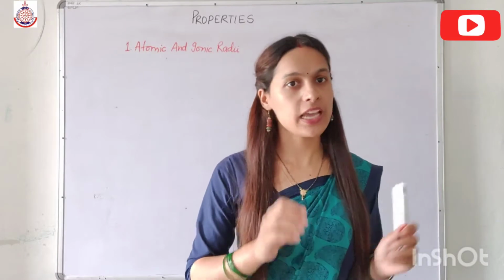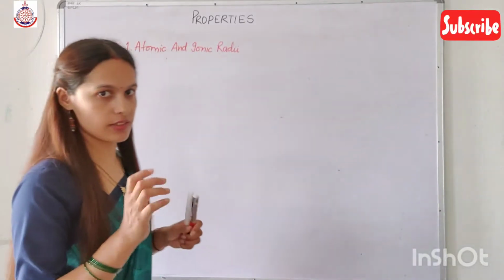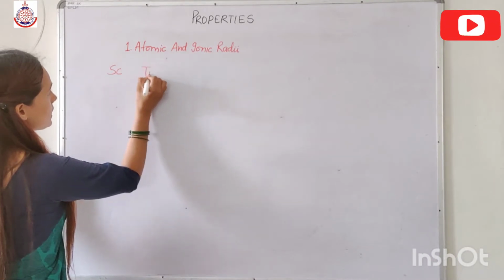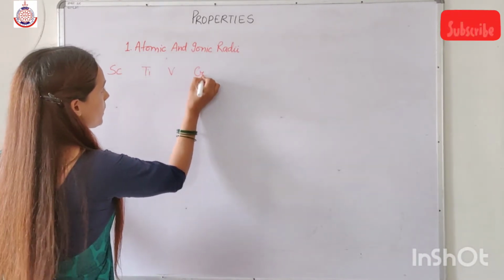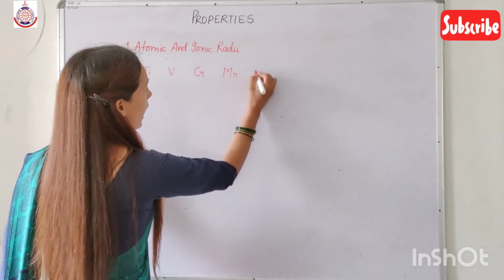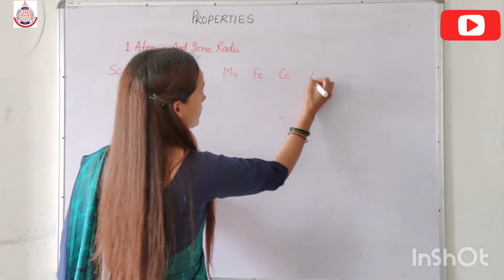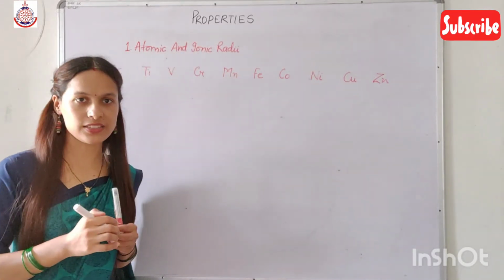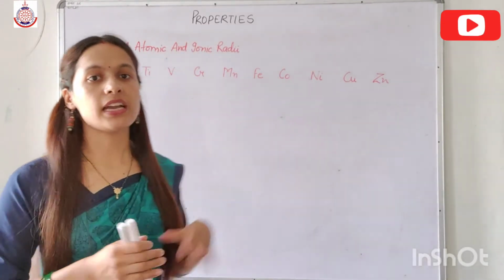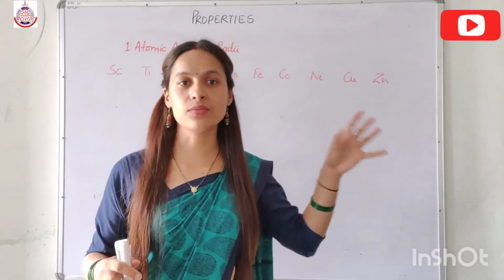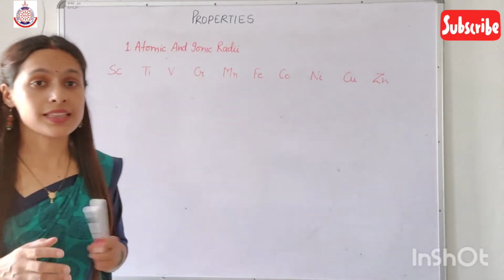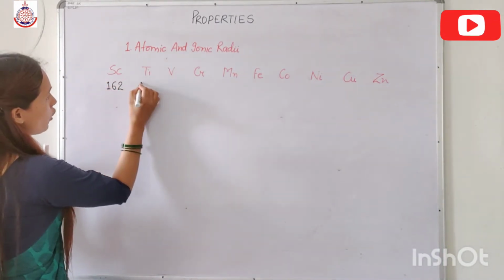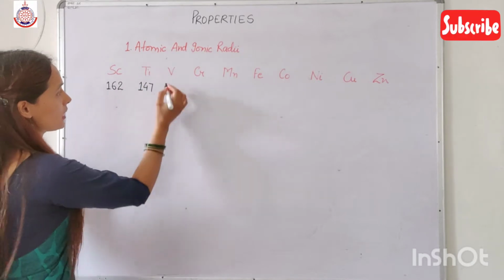Let us take one example. If I write the first transition series, that is scandium, titanium, vanadium, chromium, manganese, iron, cobalt, nickel, copper and zinc. This is our first transition series, and if I write the atomic radii of these elements in picometer, then the atomic radii is 162 picometer, 147 picometer.